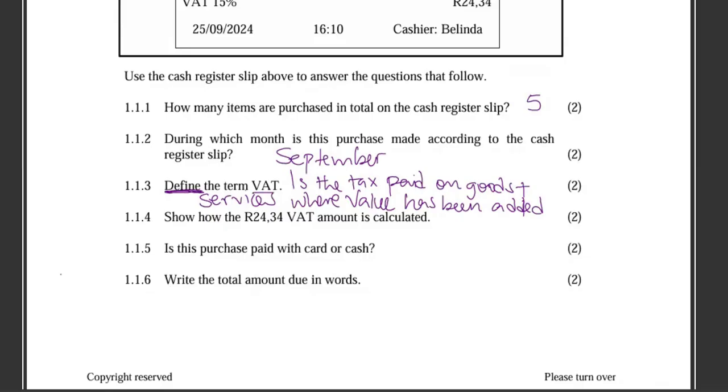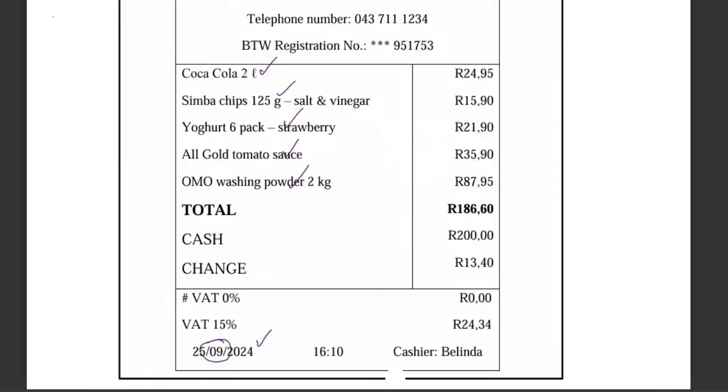Show how the 24.34 VAT amount is calculated. We already see that the price is here. This price already includes VAT. So how are you going to calculate VAT out of it? Since it already includes VAT, multiply by 15 over 115.